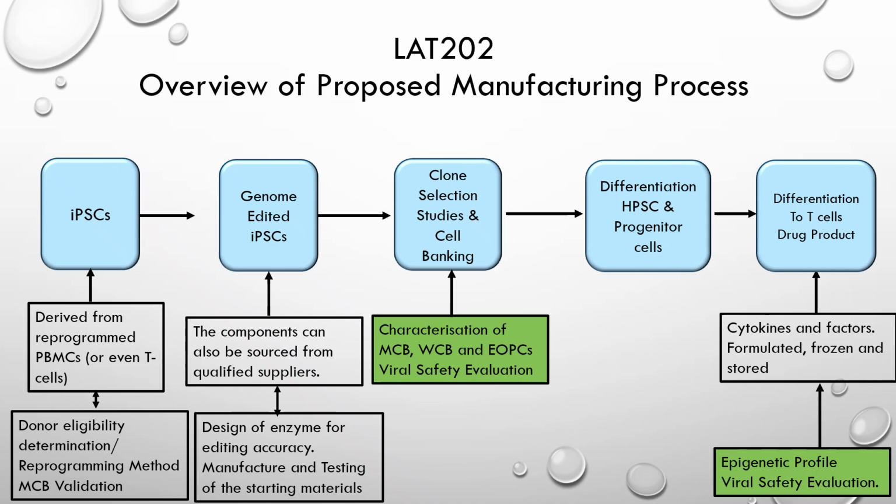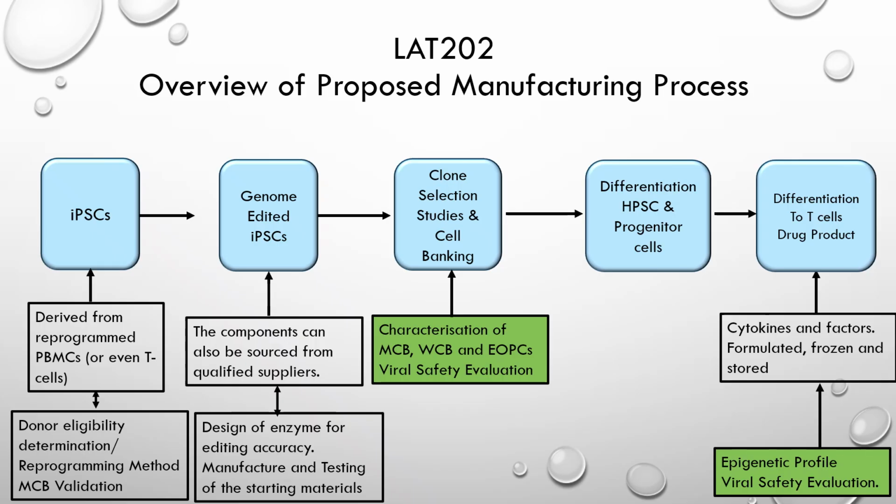So the reprogramming method has to be provided. You have to give that information because it is critical to the efficacy and safety of the drug. That method needs to be validated. Then you perform your gene editing.